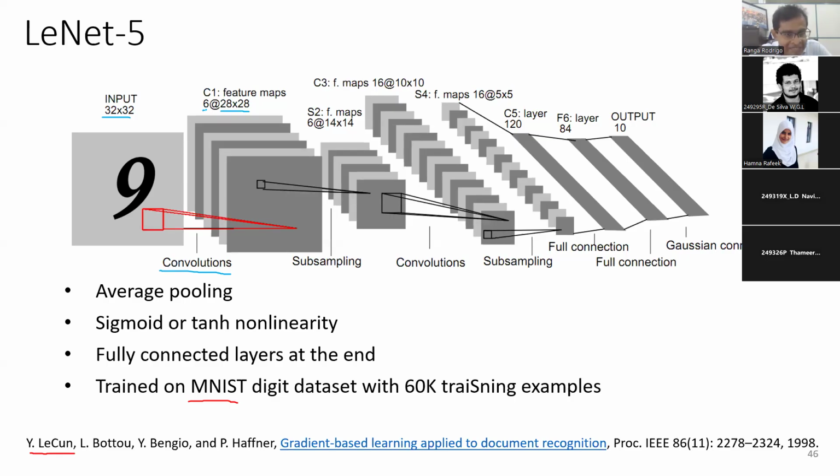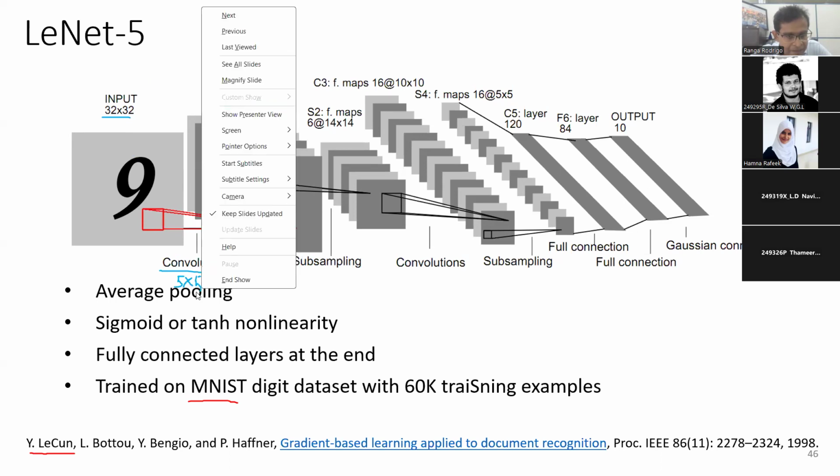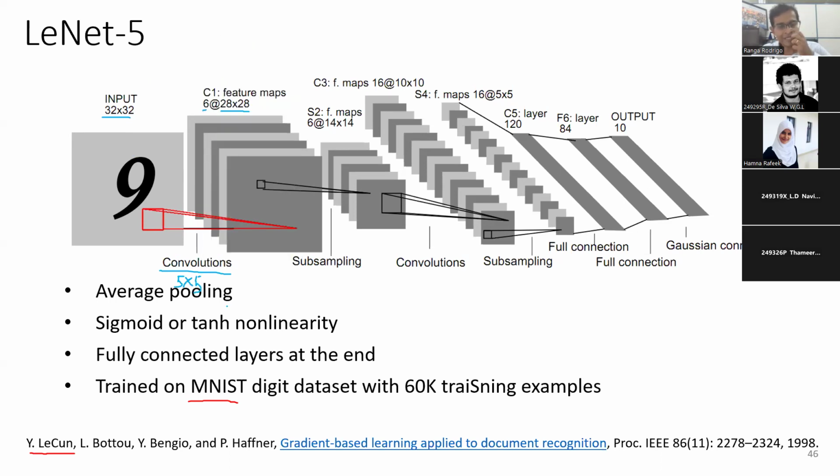So what is the convolution kernel size? Because the size has reduced from 32 to 28, you know that this is a 5 by 5 convolution.